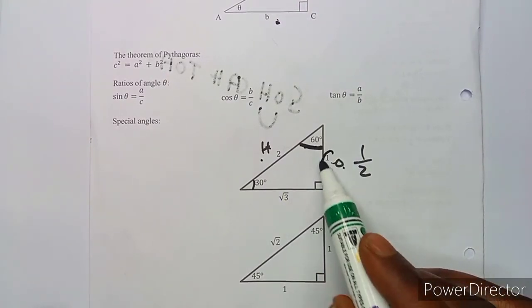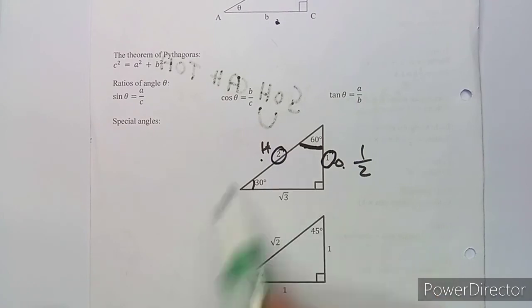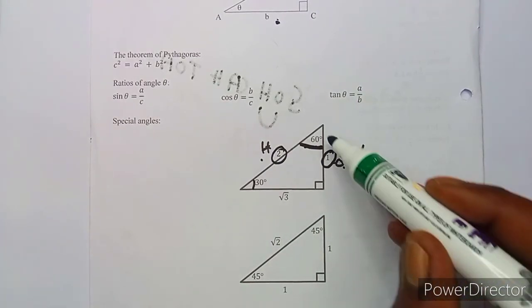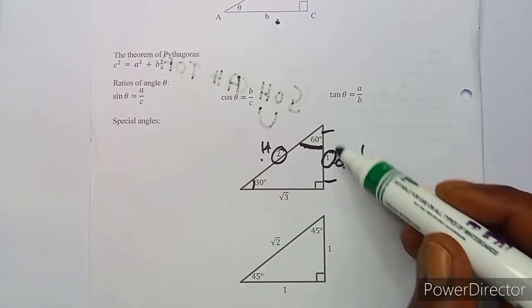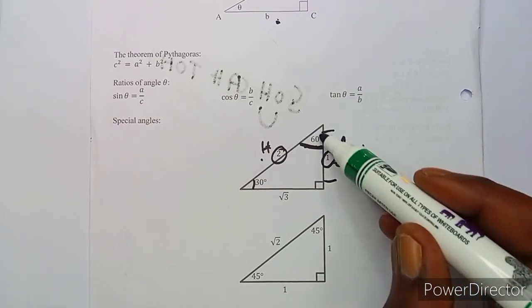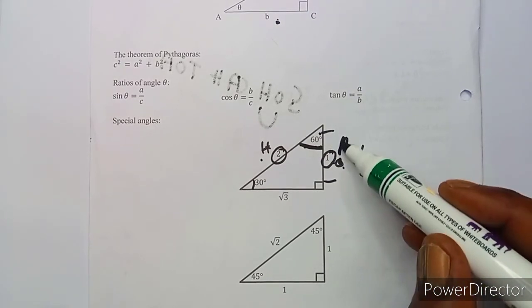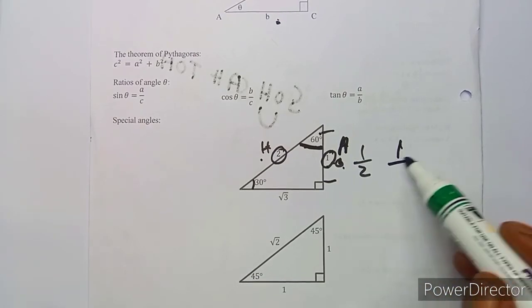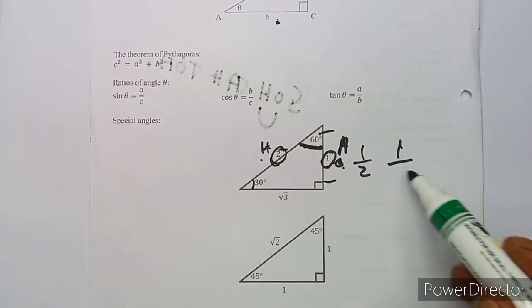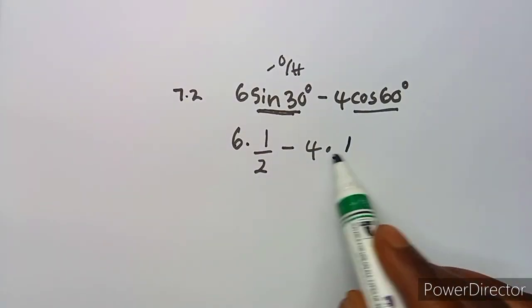This is your adjacent according to 60, where these two angles are lying on a line. That's the adjacent now, because you are working with 60 degrees. So this becomes your adjacent, which is 1, over the hypotenuse, which is 2. So as you can see, cos 60 degrees is going to give us 1/2.